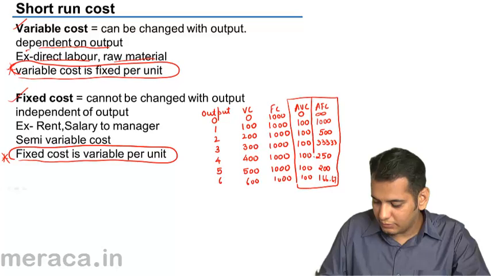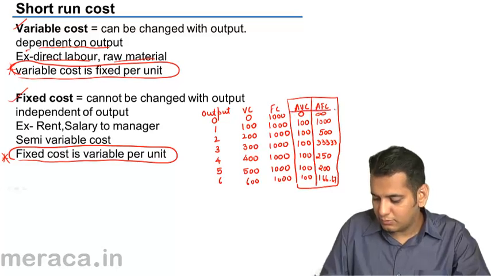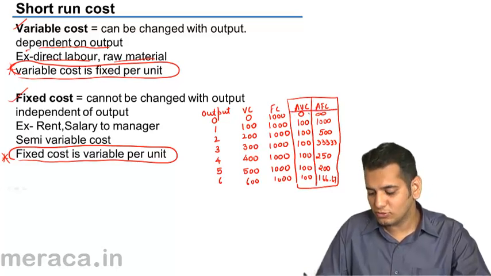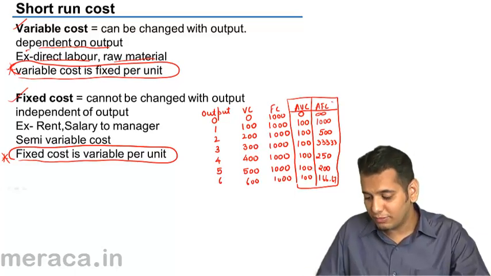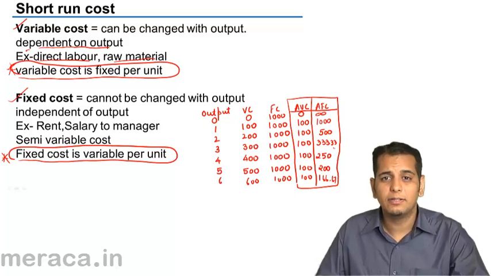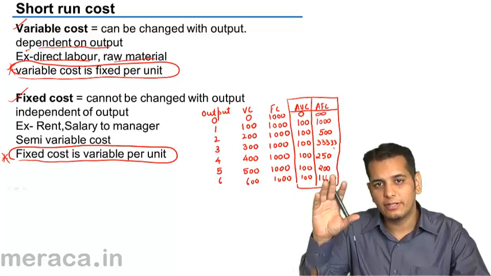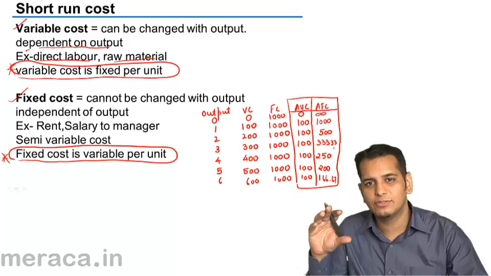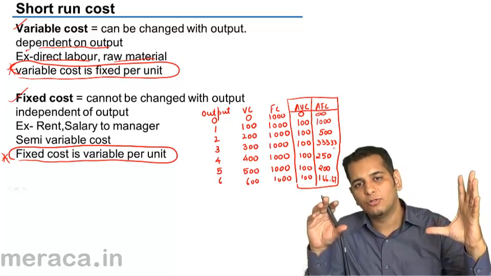So now from these two columns, you can see that the variable cost per unit is constant, it is fixed. However, the fixed cost per unit or the average fixed cost is not constant, it is variable. It shrinks, it diminishes, it decreases with the amount of output.